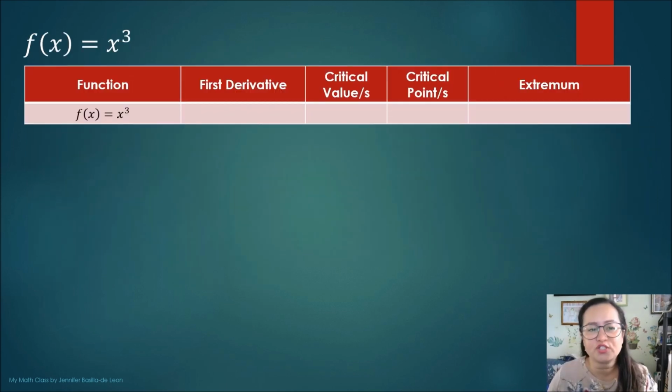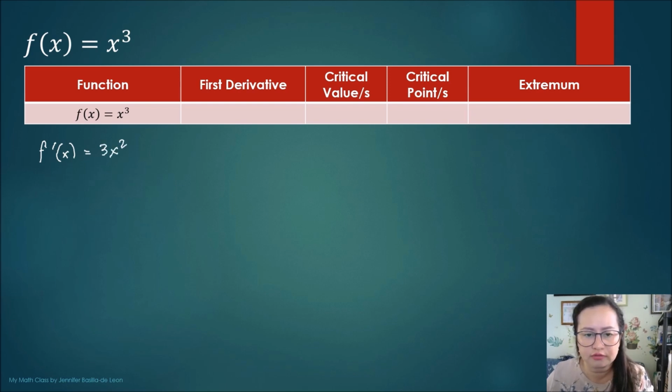Now consider the function f of x equals x cubed. We get the first derivative of the function, so we will have 3x squared. Now, in order to find the critical value, we need to equate the first derivative to 0.